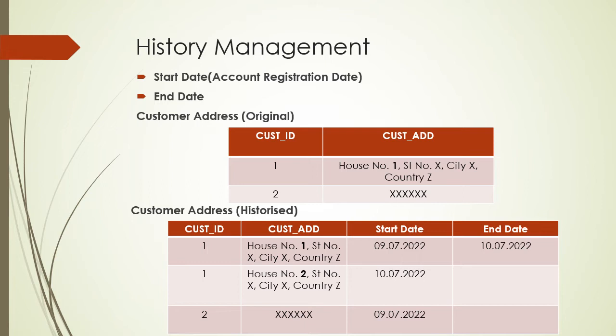It could be 9999 12 31, which is year 9999, December 31st. So sometimes they put the end date for the active records as null, or as the highest date.